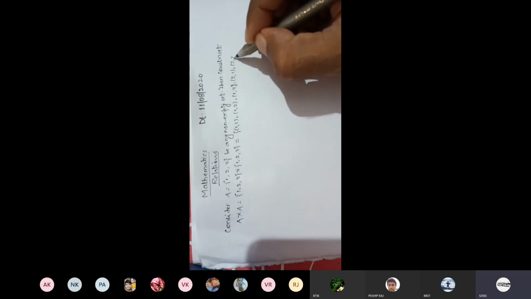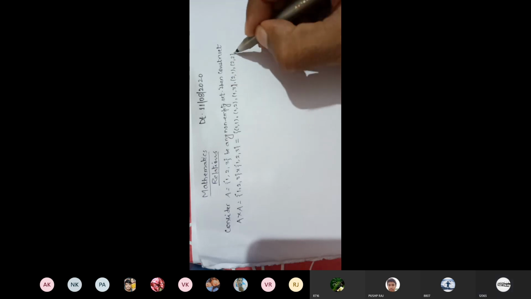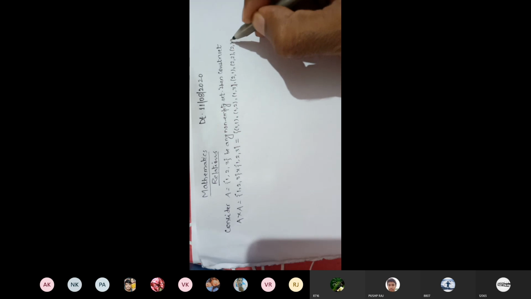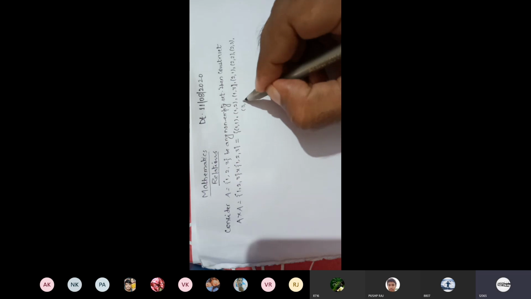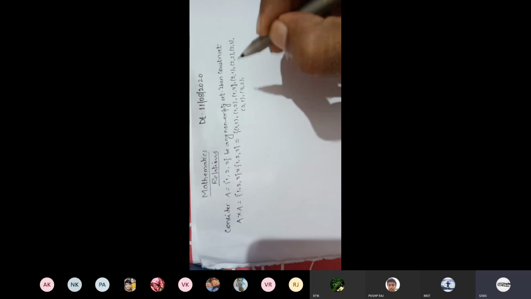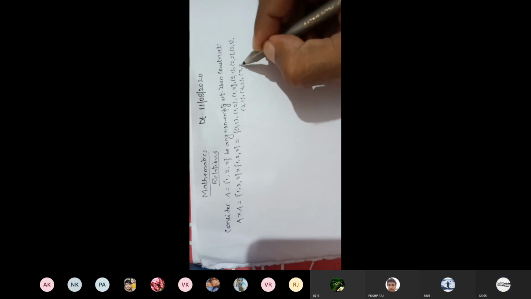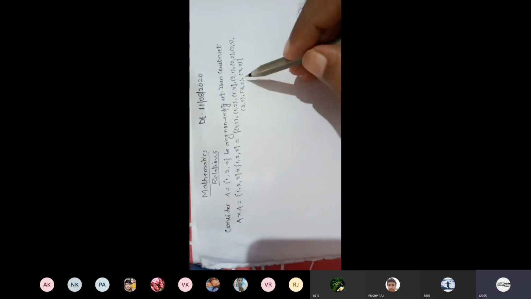And then make pairs with 3: 3, 1, 3, 2, 3, 3. These are the elements of set A cross A.